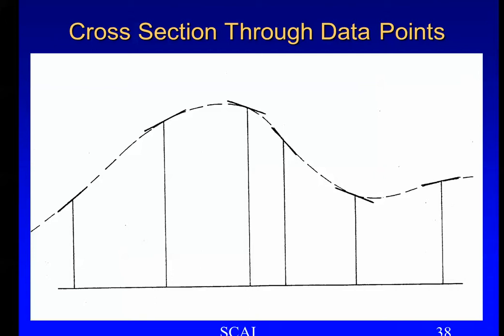Next, we take those original data points and those slopes that we found at each data point, and we pass a surface over that entire convex hull or region of map such that it goes through each data point, is tangent to the slopes at each data point, and changes smoothly in all directions. There are no slope discontinuities.